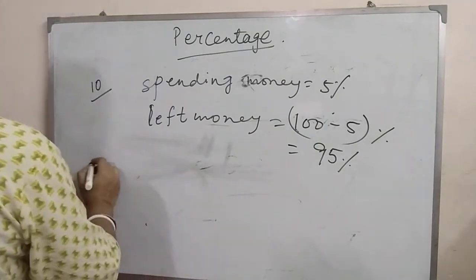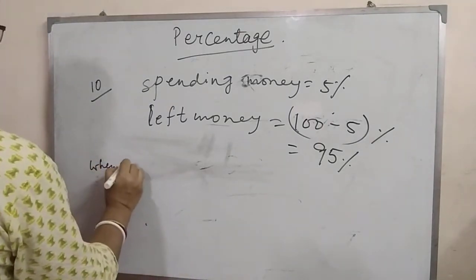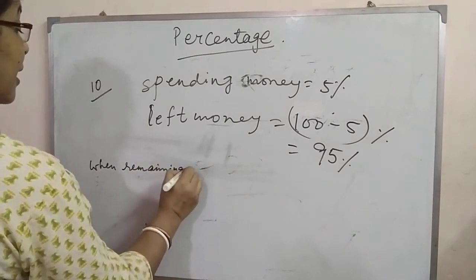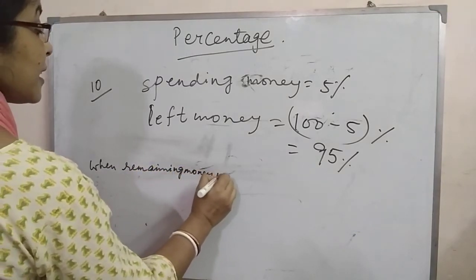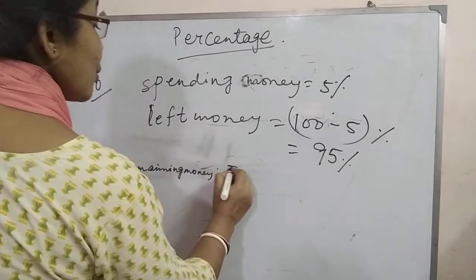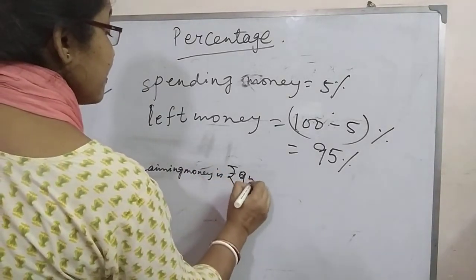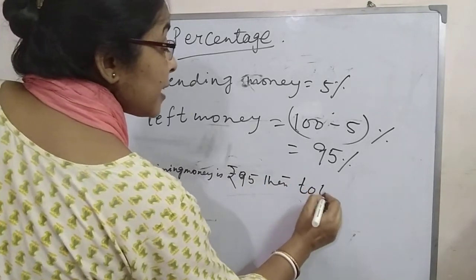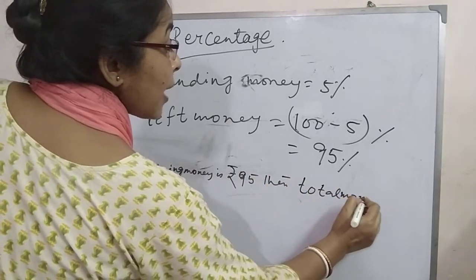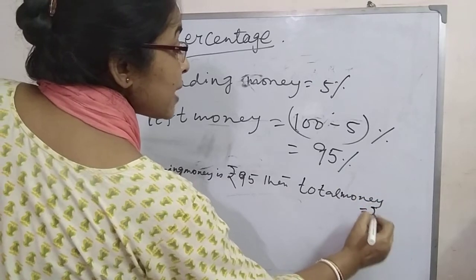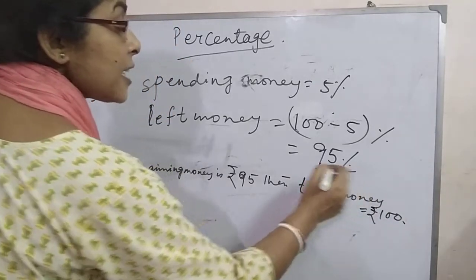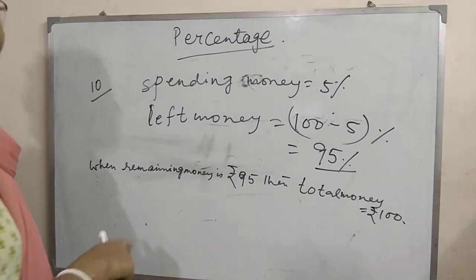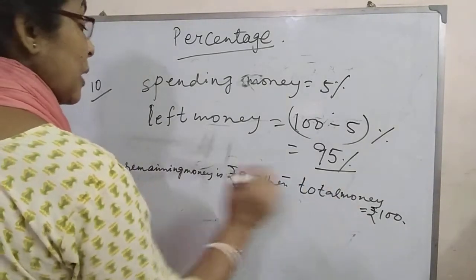When remaining money is rupees 95, then total money is equal to rupees 100. 95% means when remaining money is 95, then the total money is 100.